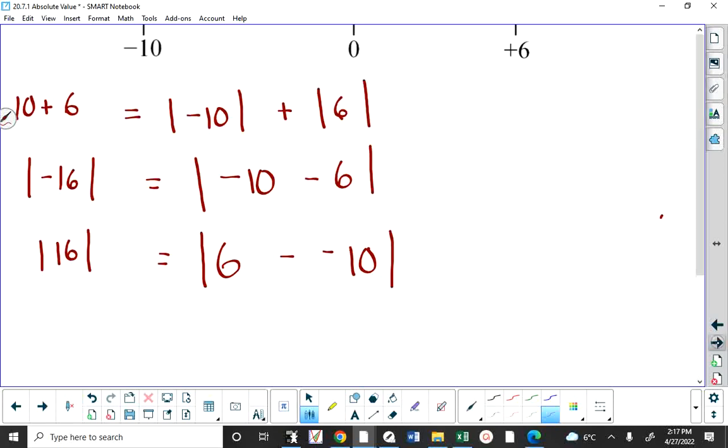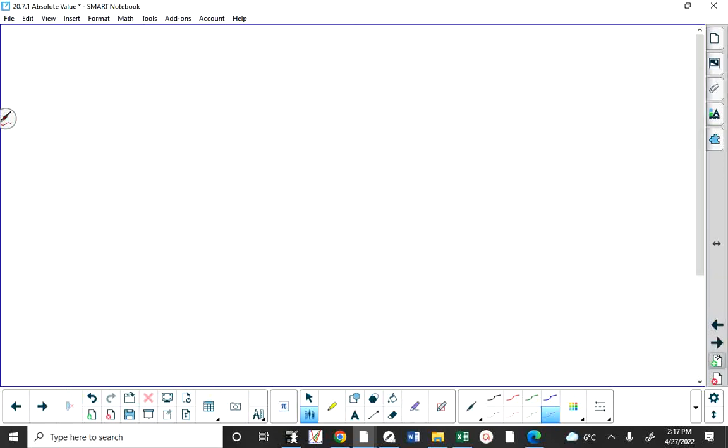So I want to summarize something here, and you don't have to write this down, but I'm trying to prepare you for tomorrow and next week. Can somebody tell me when this is true? When am I allowed to just say, you know what, I'm not even going to use the absolute value symbols because I don't need them?